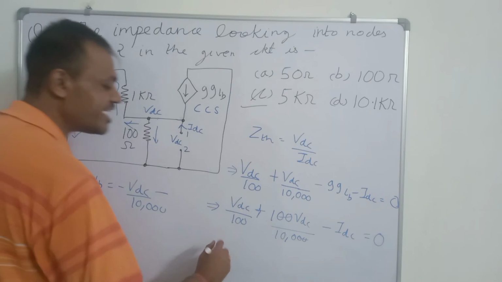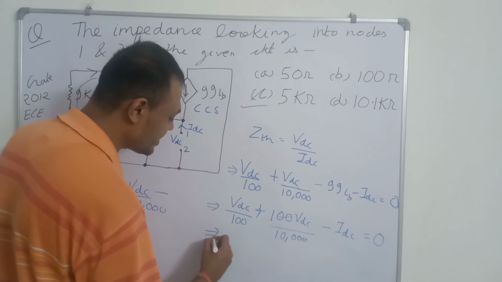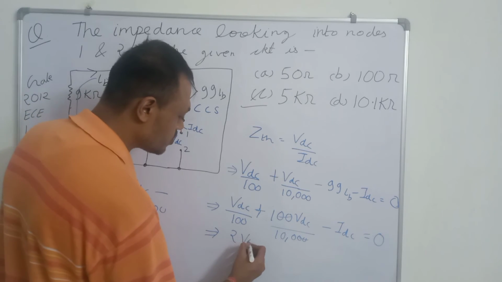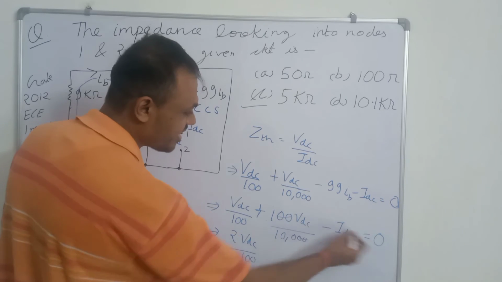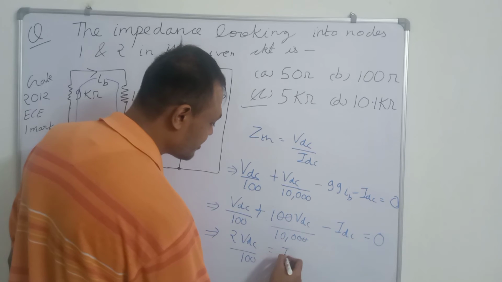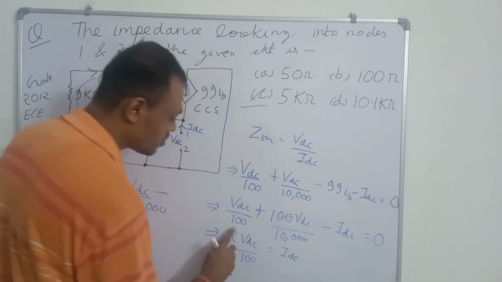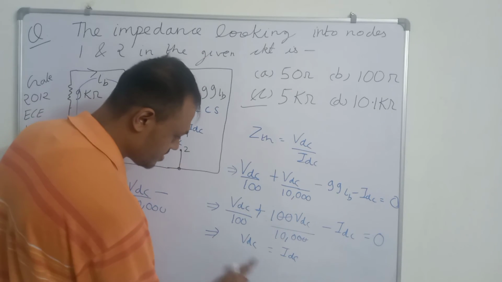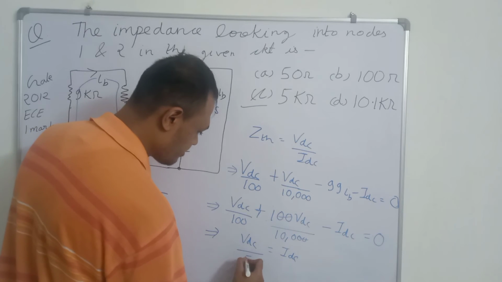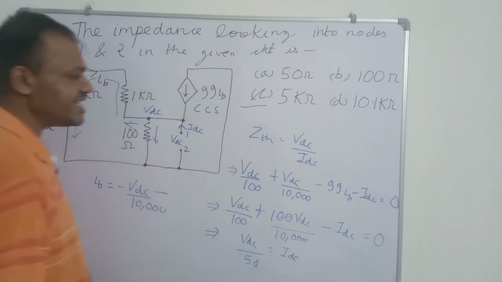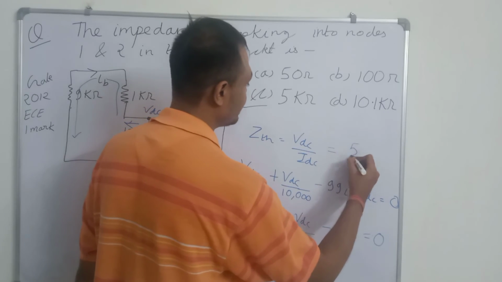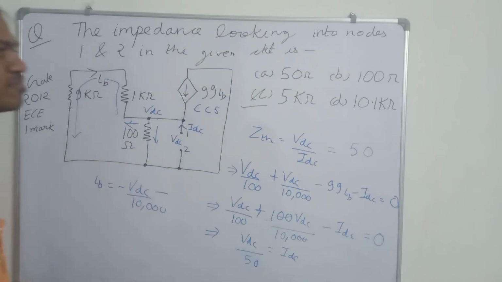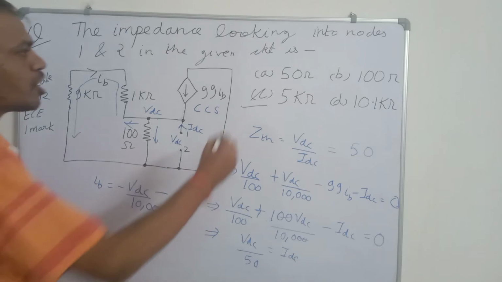So VDC upon 100 plus VDC upon 100 will give 2 VDC upon 100. If I take IDC to that side, then 2 VDC upon 100 will be equal to IDC, so VDC upon 50 is equal to IDC. So VDC upon IDC will be equal to 50. So the equivalent impedance is equal to 50 ohms. So the correct option is option A.